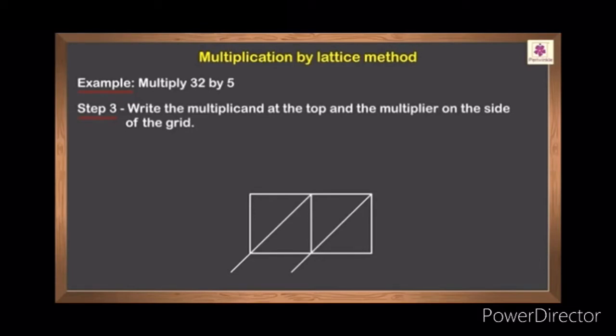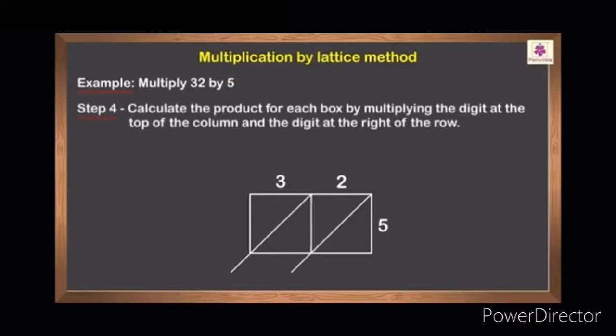Write the multiplicand 32 at the top and the multiplier 5 on the side of the grid like this. Step 4. Calculate the product for each box by multiplying the digit at the top of the column and the digit at the right of the row.